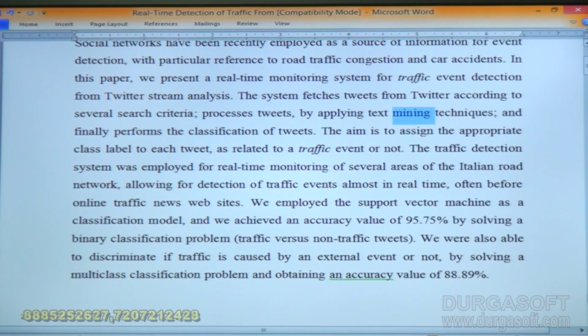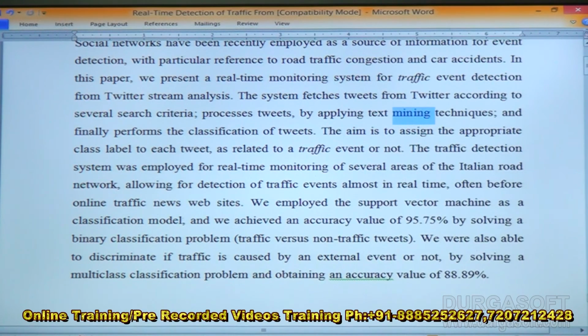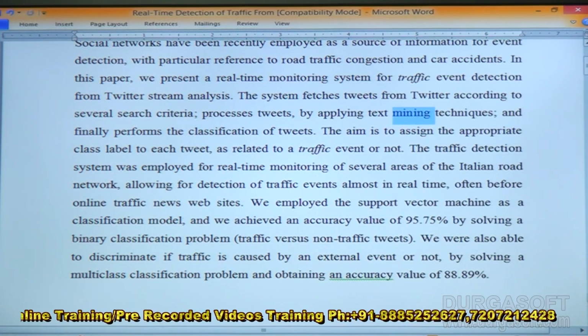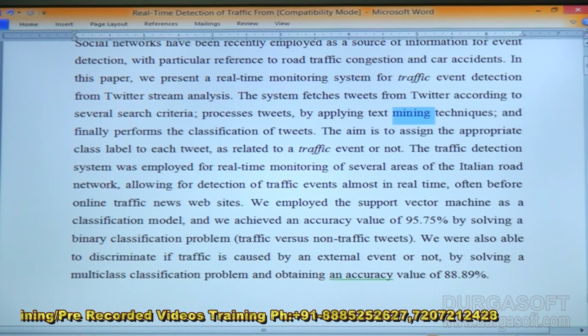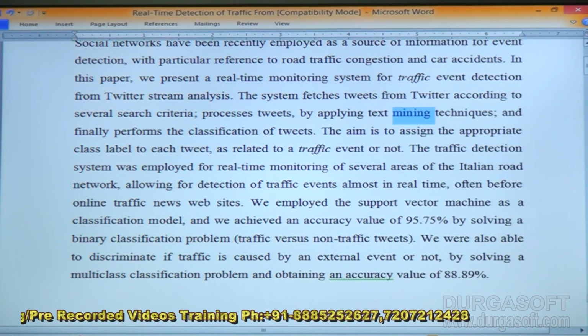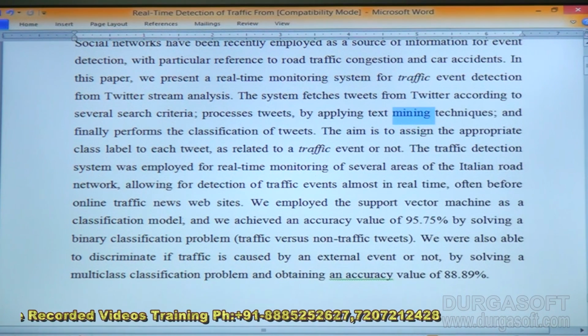We were also able to discriminate whether traffic is caused by an external event or not, by solving a multi-class classification problem and obtaining an accuracy value of 88.89%. So binary classification means traffic versus non-traffic tweets, and on top of this we also compare more tweets, like discriminating traffic.